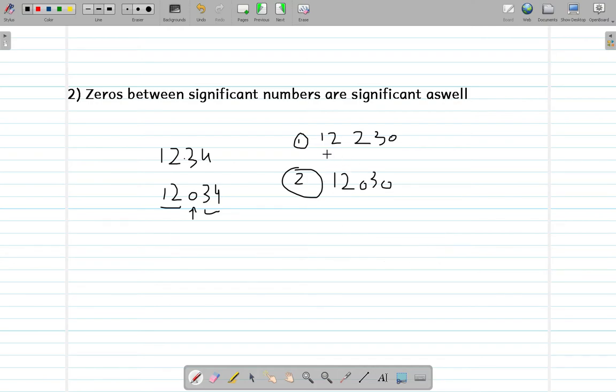Alright, so the number of significant figures in the first number is 4, as all non-zero numbers are significant, but this 0 is non-significant as it is not between the significant numbers. And in the second number, which is 12,030, there are 4 significant figures as well, but in this case this 0 is significant while this 0 isn't significant because it is after the whole numbers, and this 0 is significant because it comes in between the three whole numbers.